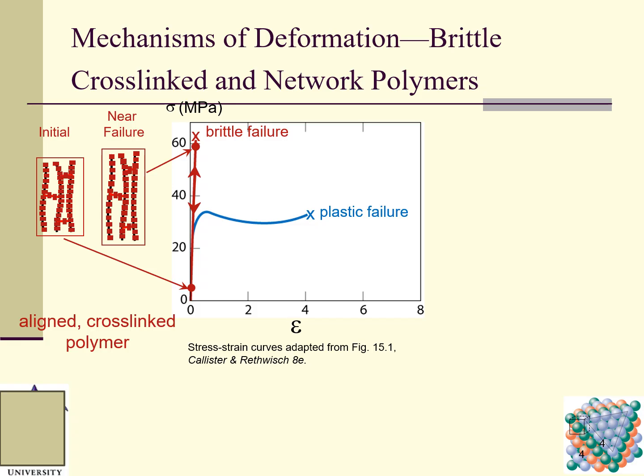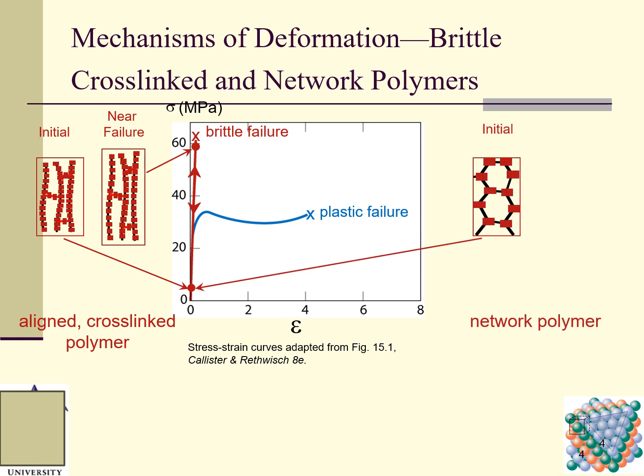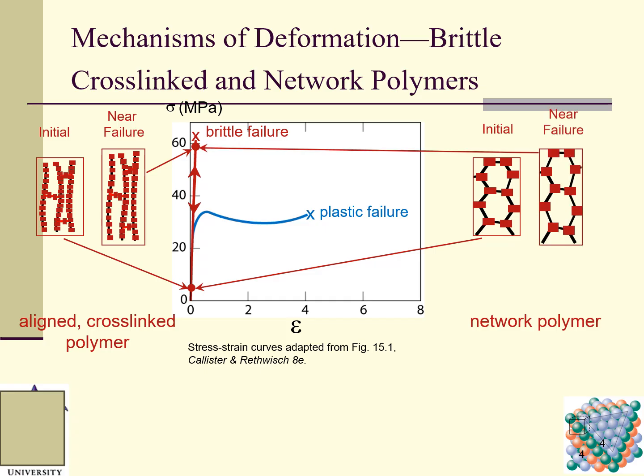You can see clearly here and here, detachment occurs. And this is a network polymer. This is initial, and then near failure, also brittle failure, and here you can see it starts to fracture now.